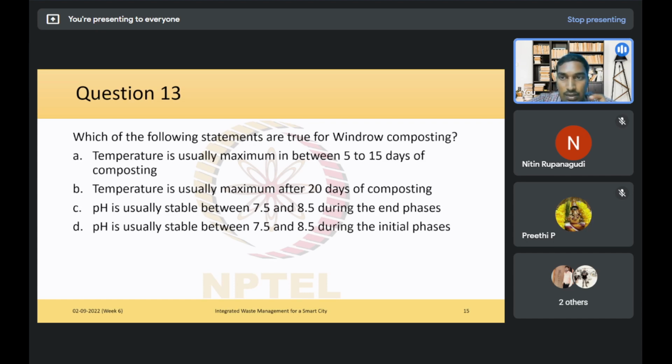So we have to first look at temperature and when it is high, whether it is high in the initial period or in the final period, and then pH, when it is stable. Is it stable in the end phase or in the initial phase? There can be two correct options for this. Again, you can use the chat to answer it.